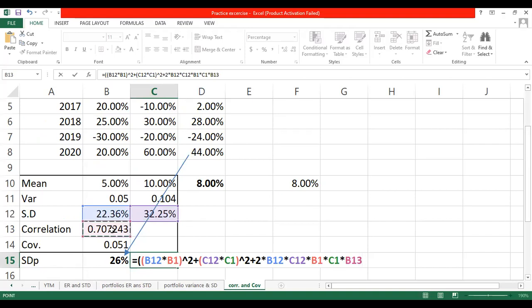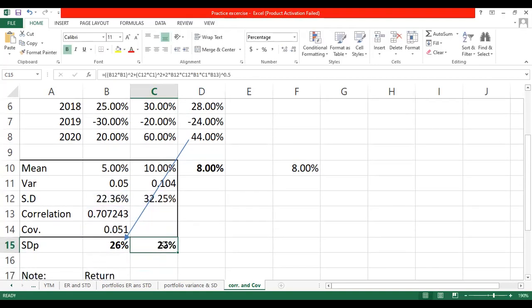And now I'm going to close that bracket and take the power of 0.5, which means a square root. Yes, enter.